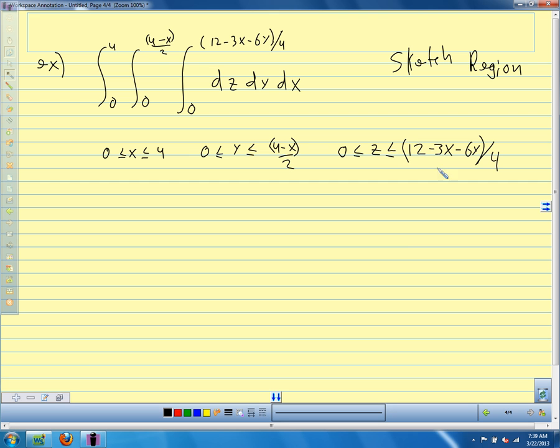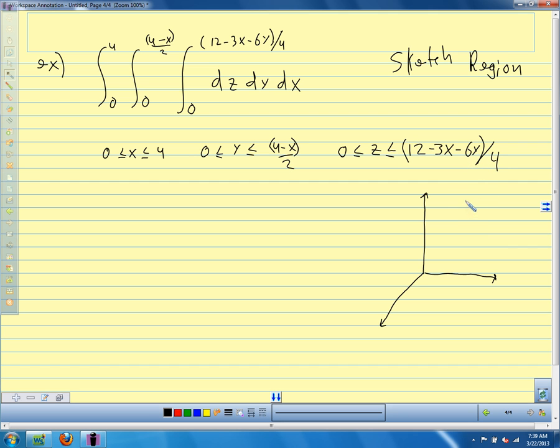So let's look at the z. If we can sketch this surface, what is this surface? A plane. So let's sketch the plane. So I can rewrite this surface, z equals (12 minus 3x minus 6y) over 4.